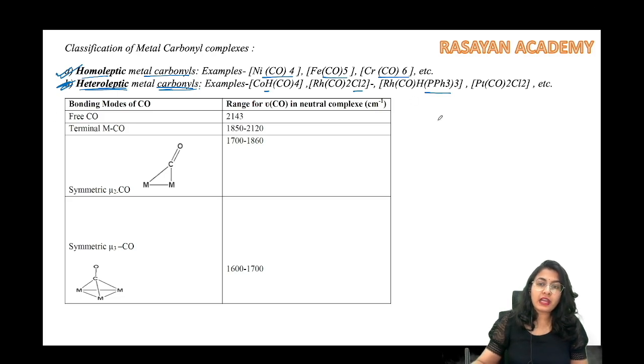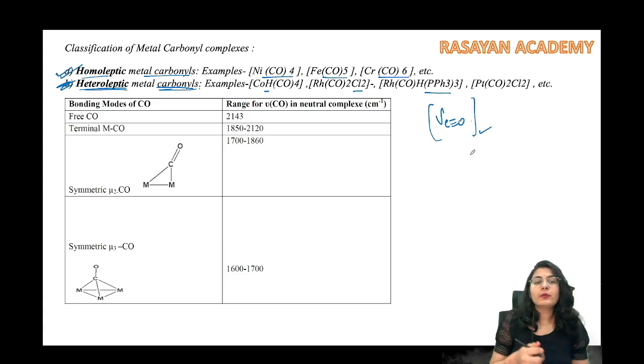When we are talking about the carbonyl stretching frequency, we need some comparison, right? We need to compare when the carbonyl is free, when it is terminal, when it is bridging, and when it is bonded to a positive metal or a negative metal.